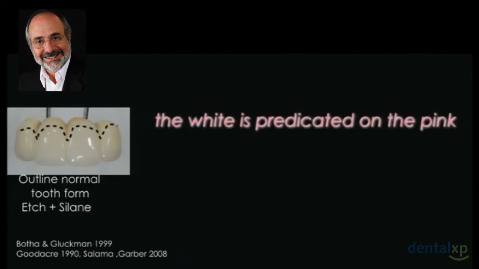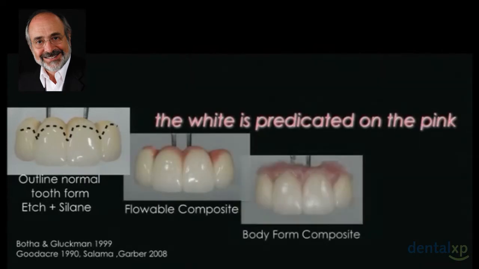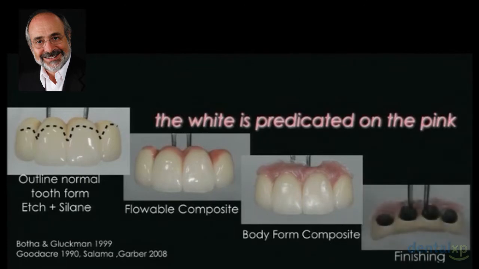We sandblast it and we etch. We add a little flowable composite that I learned from Marcelo Calamita and from Christian Coachman, and he'll be here tomorrow. And then we put body composite onto this. And then we just do directly in the mouth, and we take this flash off.